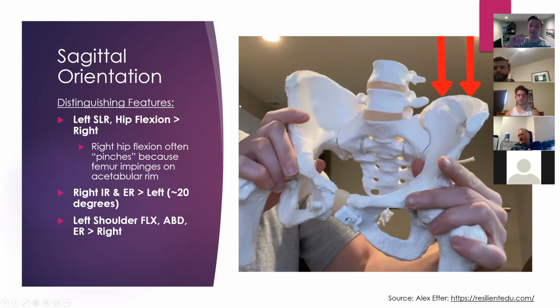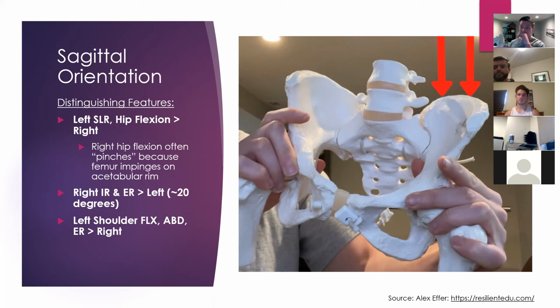So if you know you have a sagittal orientation, this is what you're going to see in your measurements. You're going to have a better straight leg raise on your left than you are on your right, as well as hip flexion. You might ask yourself, well, why is that? Well, think about it. If you push this way, then you're starting on the table like this. And then this becomes much easier because of where you're starting.